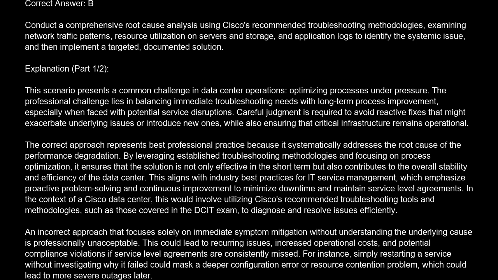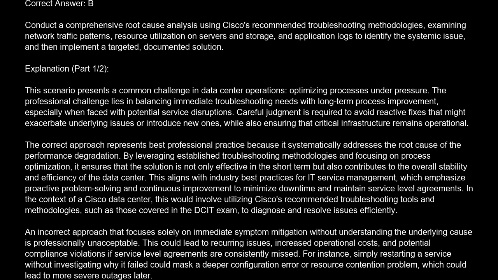The correct approach represents best professional practice because it systematically addresses the root cause of the performance degradation. By leveraging established troubleshooting methodologies and focusing on process optimization, it ensures that the solution is not only effective in the short term, but also contributes to the overall stability and efficiency of the data center.